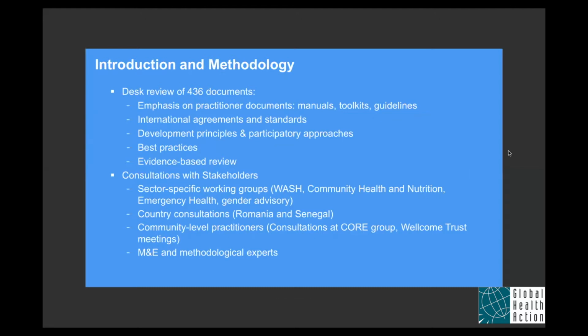So the actual process for the development, as I mentioned, the formal process started at the end of 2018, and this was stimulated through the support of the Bill and Melinda Gates Foundation, where we have a partnership, and community engagement and the development around core principles and developing a global good on community engagement was at the heart of this partnership.